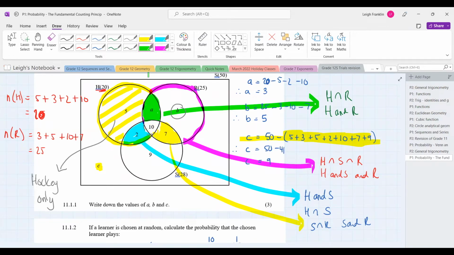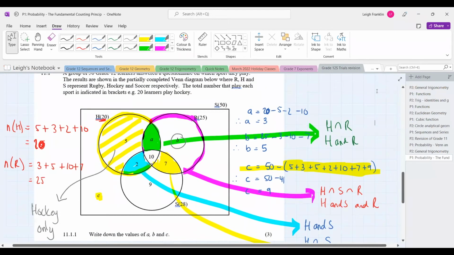What would I call that? So the A without the 10, how would I describe that?